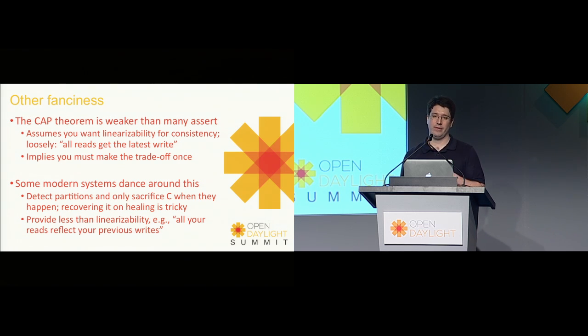The other thing is you provide less than linearizability. Linearizability is generally considered to be that all reads get the most recent write, no matter where that write was written from. If you instead change that to all of the reads you issue get all of the writes that you have issued, that can be provided with availability and partition tolerance.